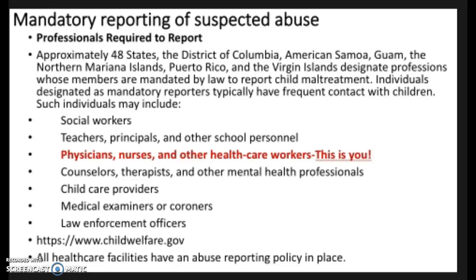All the sites that you are at will have a policy in place for reporting abuse, and it's mandated by the federal government as well as state laws. So you can look at your policies in your sites and find out what your responsibility is.